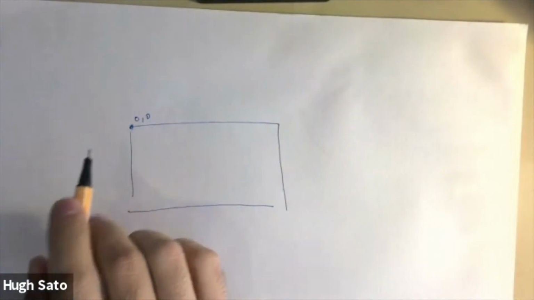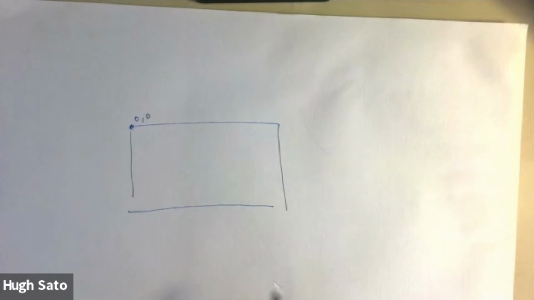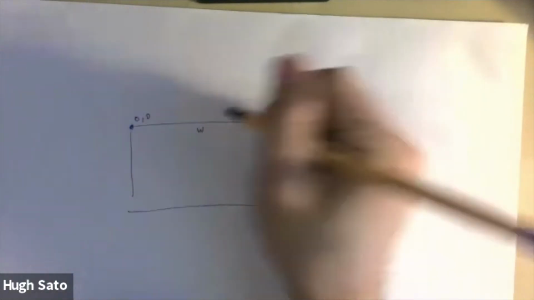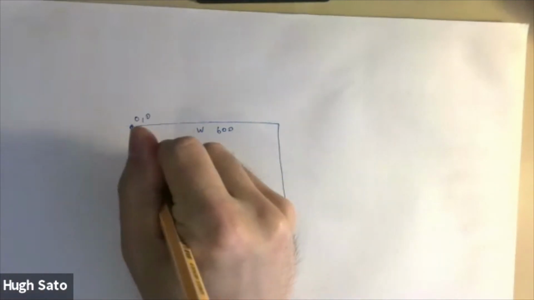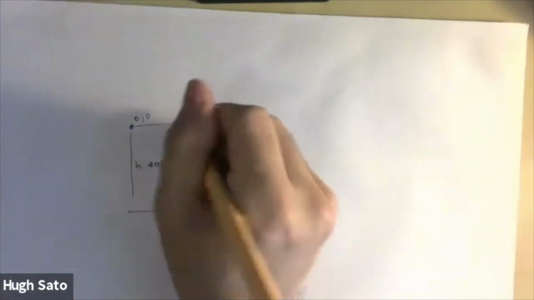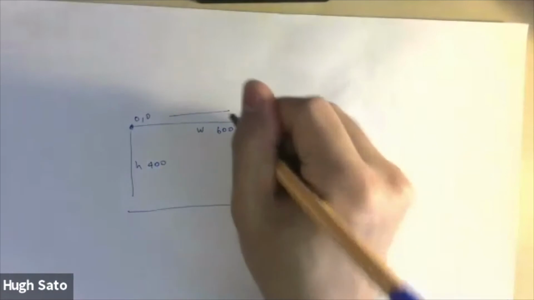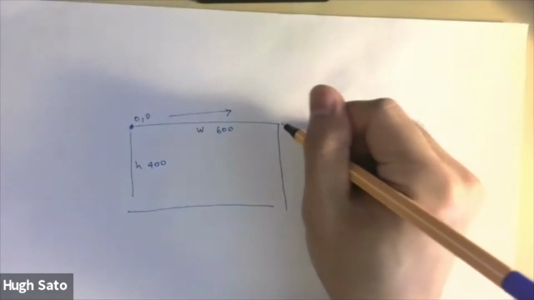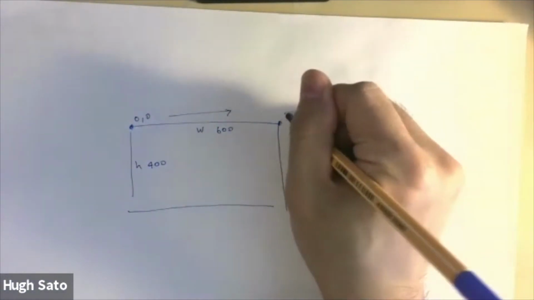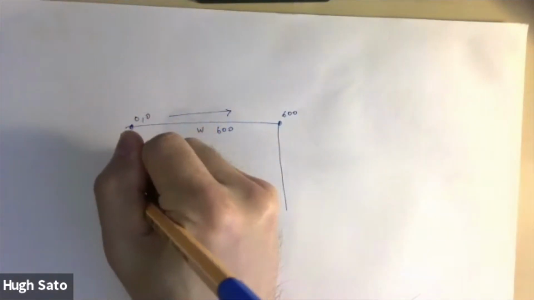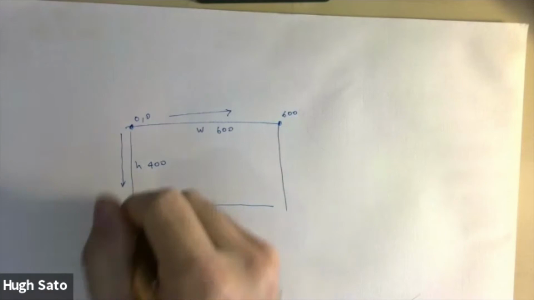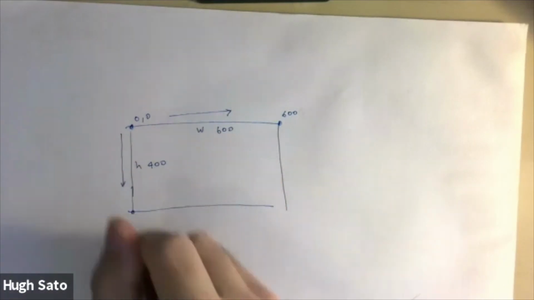I'm sorry, we're going to go into geometry here for a little bit, bear with me. If your width is, say, 600, and your height is 400, as you move to the right of the screen, you are going up in your x value, up to 600 here. And if you move down, this is the counterintuitive part, your y value goes up.